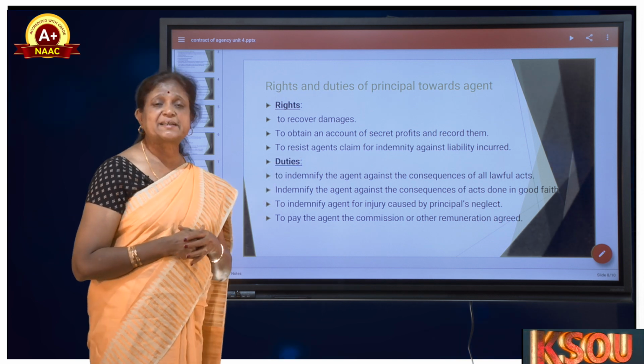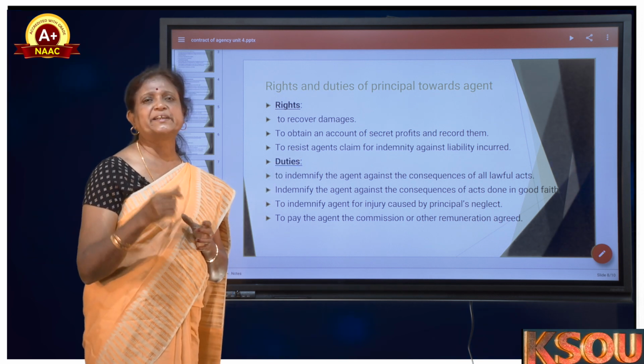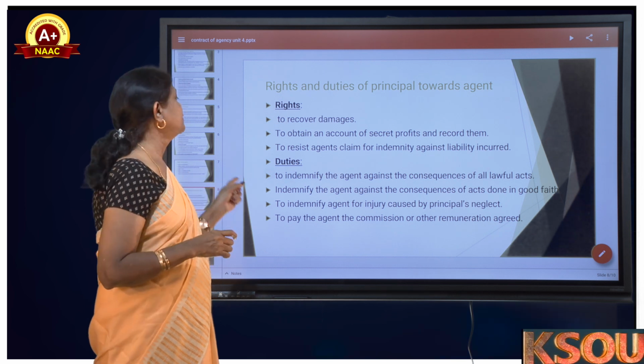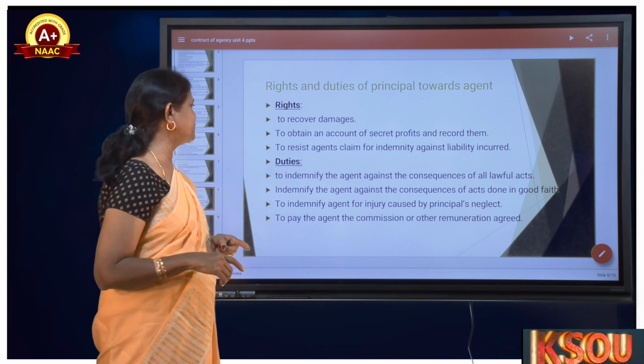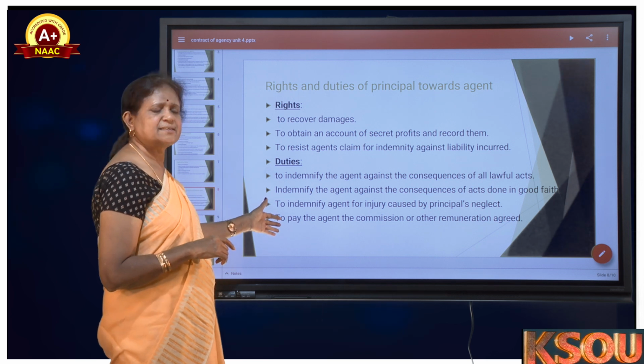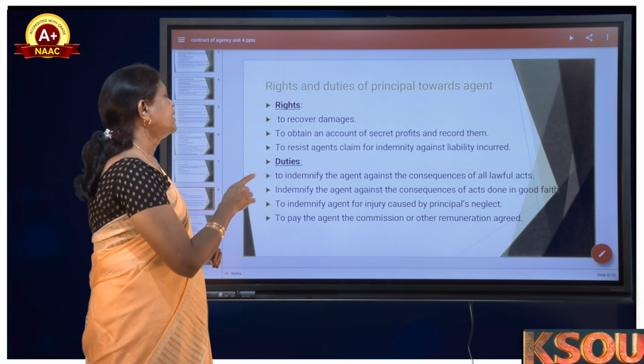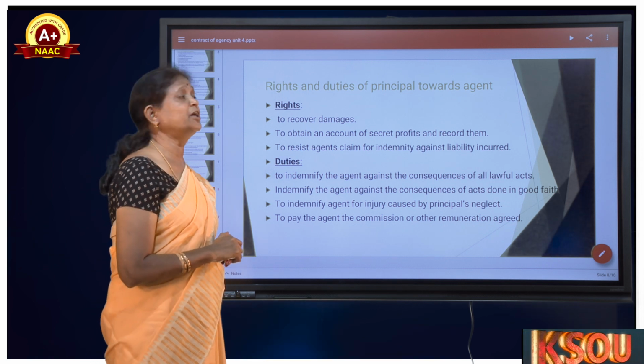Suppose the agent incurs any personal liability, in such cases the principal is not personally liable and will be relieved from that liability. Similarly, the duties: indemnify the agent for all lawful acts and against the consequences of acts done in good faith.